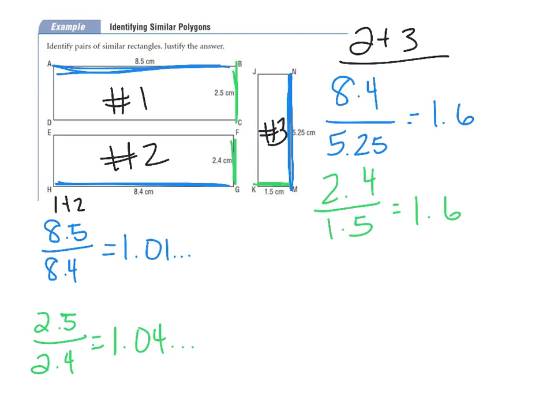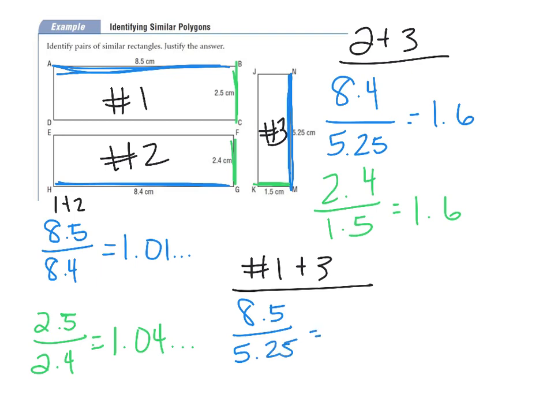Let's check just for fun number 1 and 3. This time let's put rectangle number 1 on the top of our fraction. So our blue sides will be 8.5 divided by 5.25, which gives us 1.62, and it goes on.